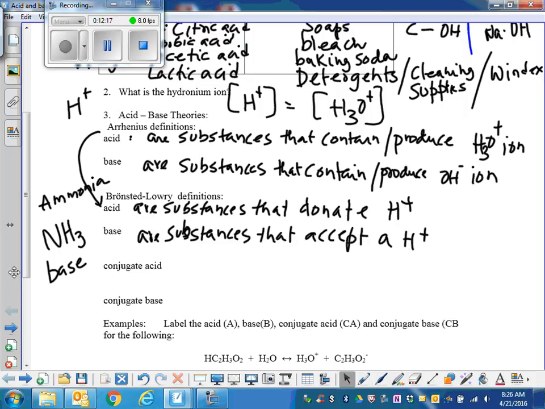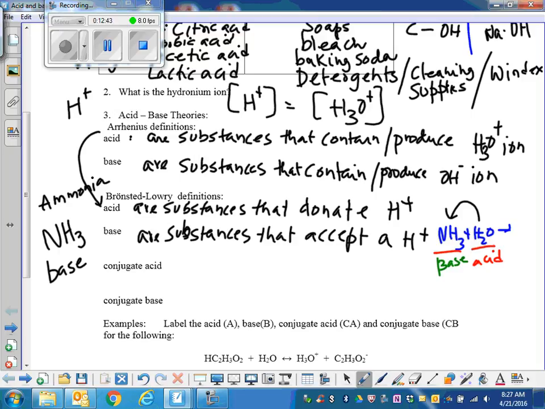So by this definition, if you treat ammonia with water, what do you get? So this becomes the acid now. This becomes the acid, and that becomes the base, because the hydrogen is transferred from water to ammonia, all right?